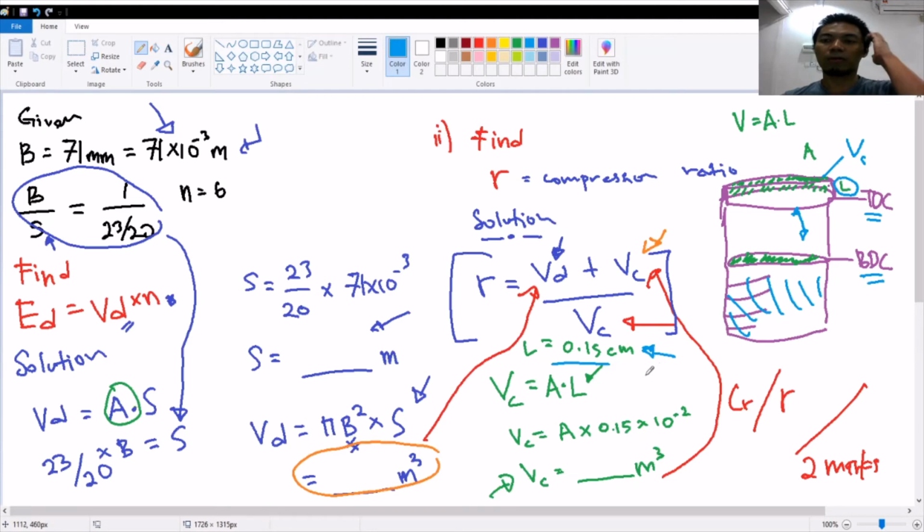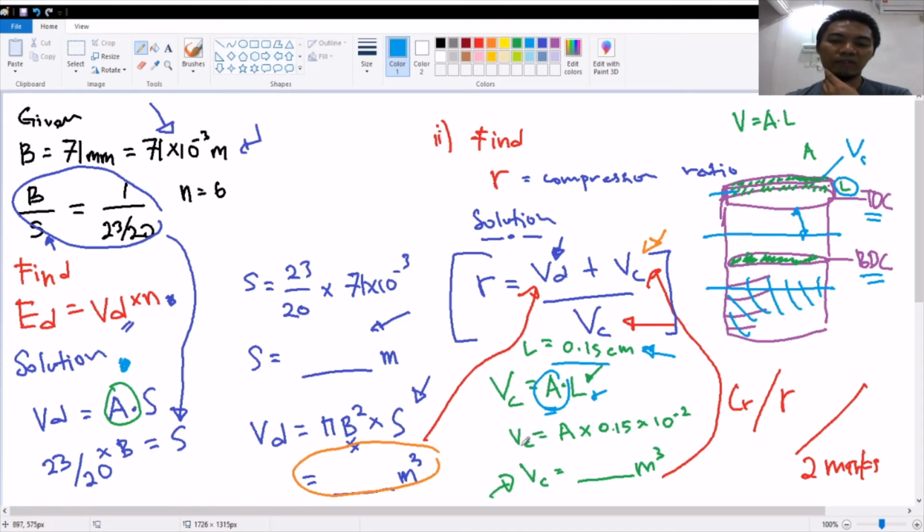So to find the VC, VC equals A, the cross-sectional area of the piston or cylinder. Why do we take the cross-sectional area of the piston or cylinder? Because we have the same cross-sectional area in these three areas. So we already have the area here, the area same as here, and the length given inside the question, L.